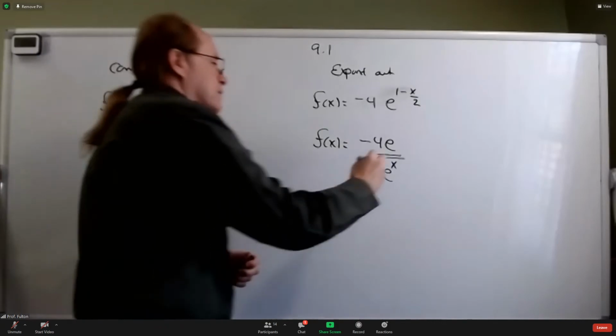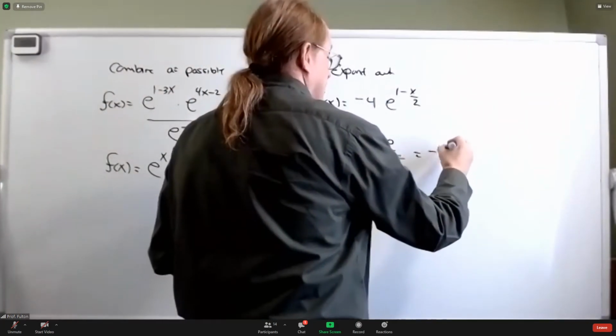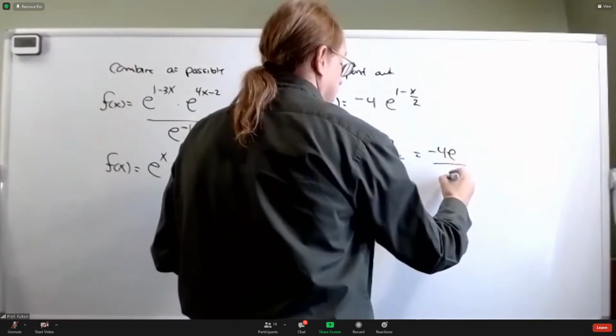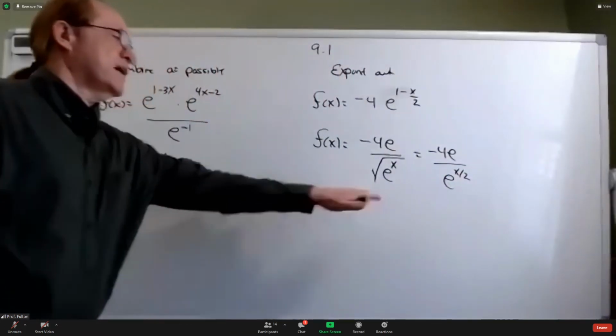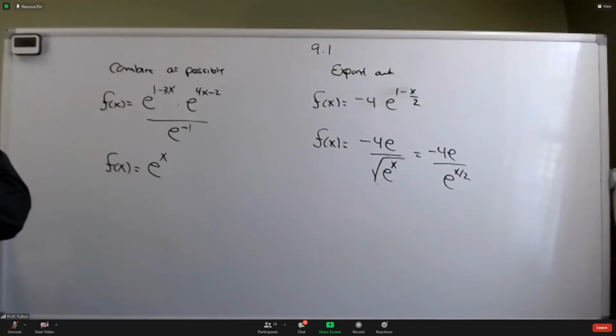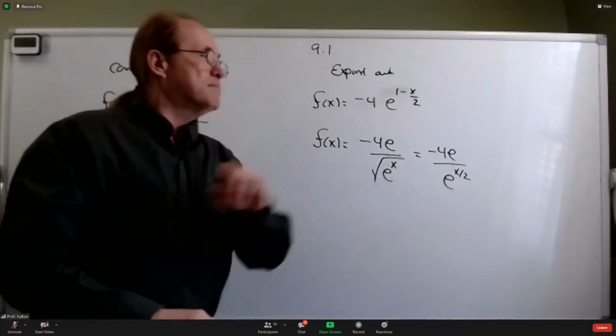With fractions, it would look like this. That's without fractions, using the fact that the square root is to the 1/2 power.